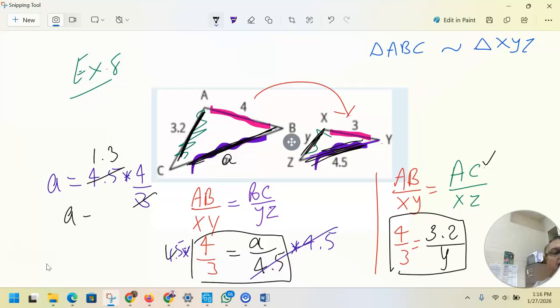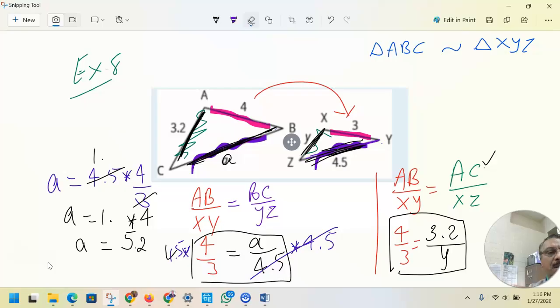When you multiply 1.3, 4 times 3 is 12, 1 carry, and 4 times 4 is 5.2. I think I made a mistake.